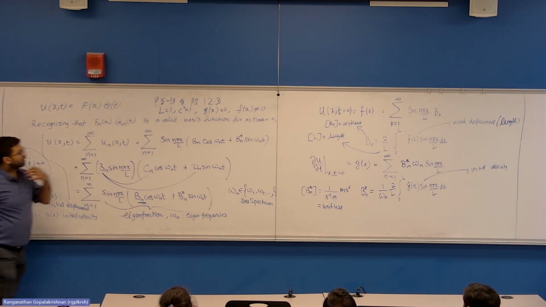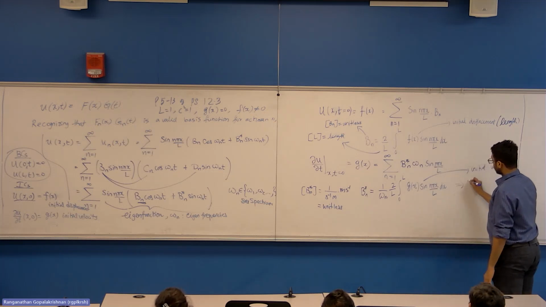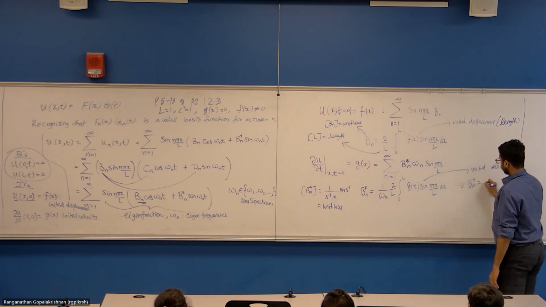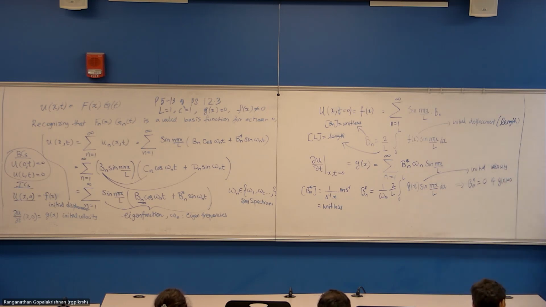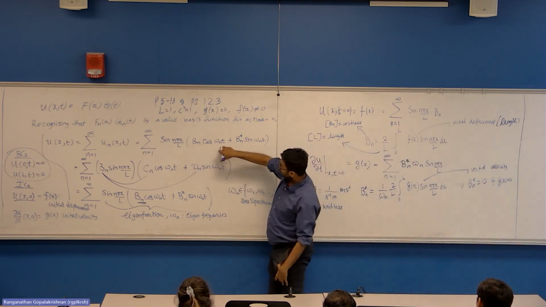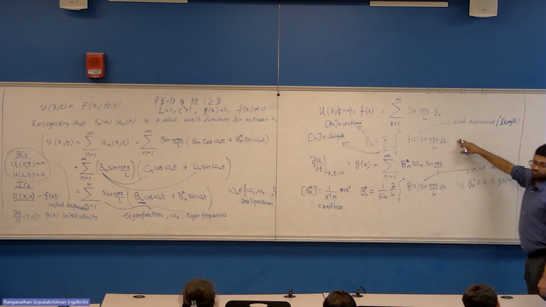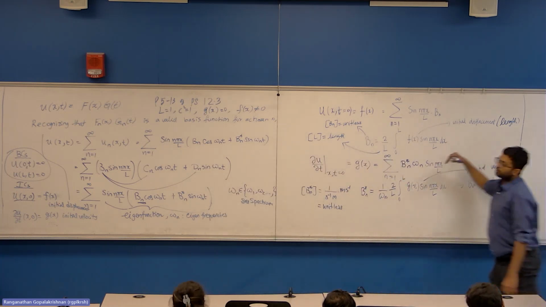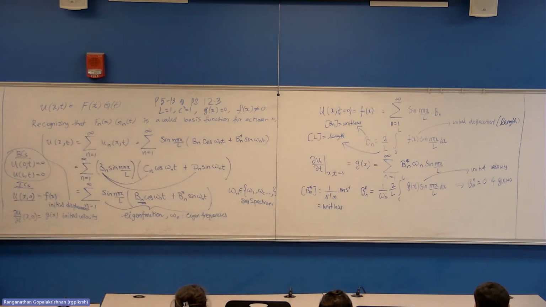So if g of x is 0, automatically Bn star will be 0. So your solution is essentially a product of cosine and sine, with Bn being non-zero and coming from this integration. And the functions they have given for f of x include sine 3 pi x, some trigonometric functions.